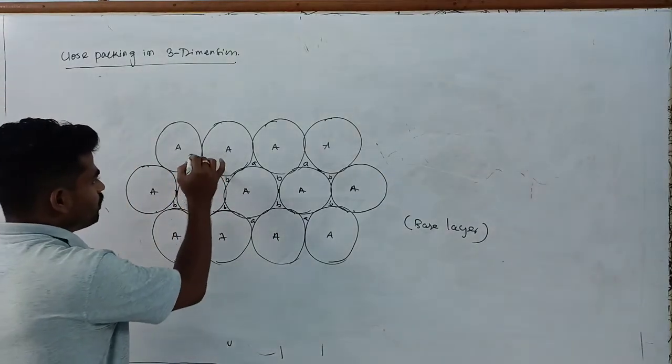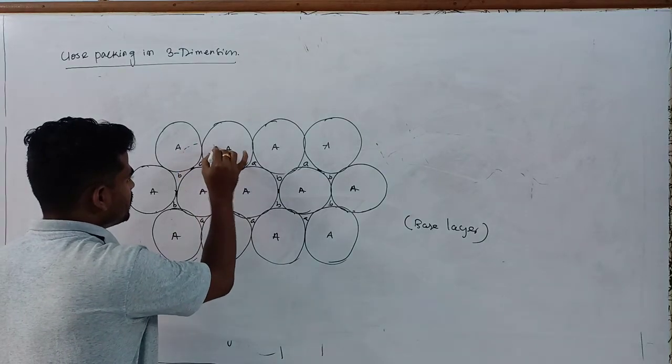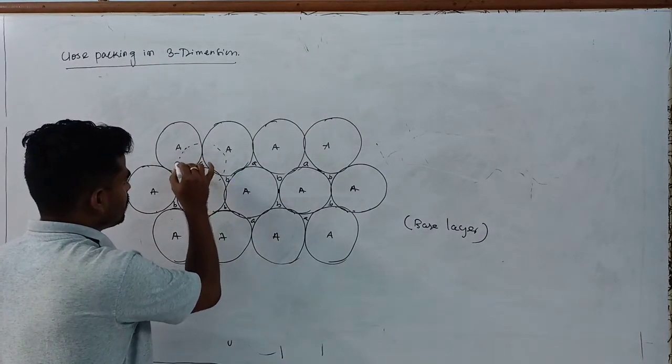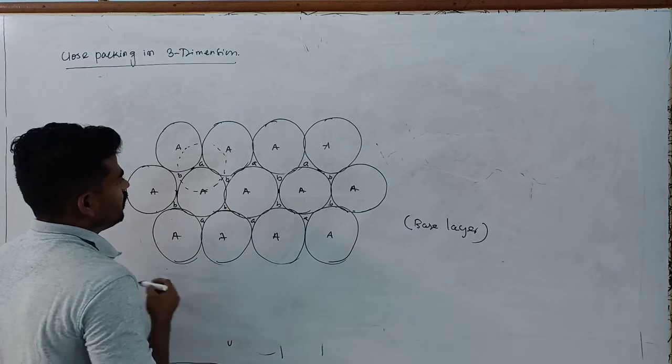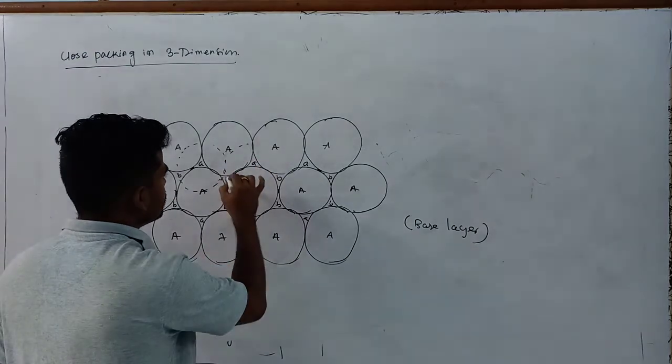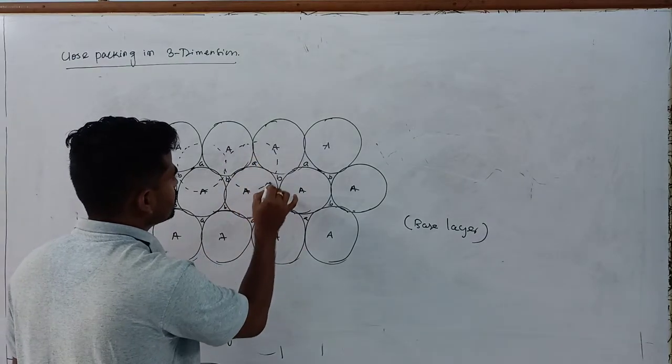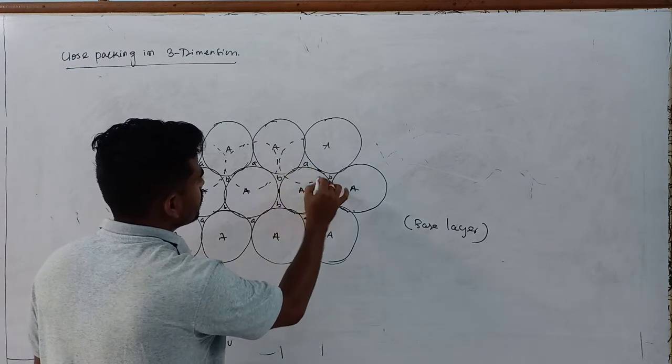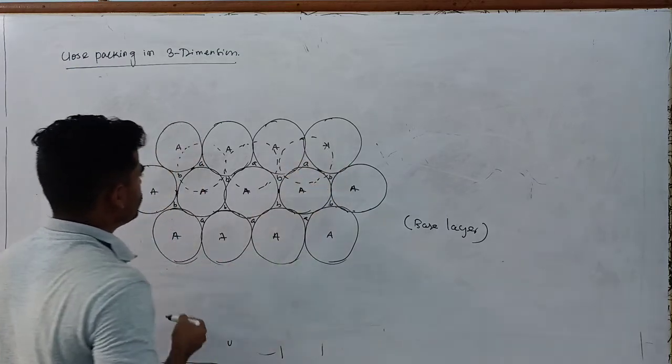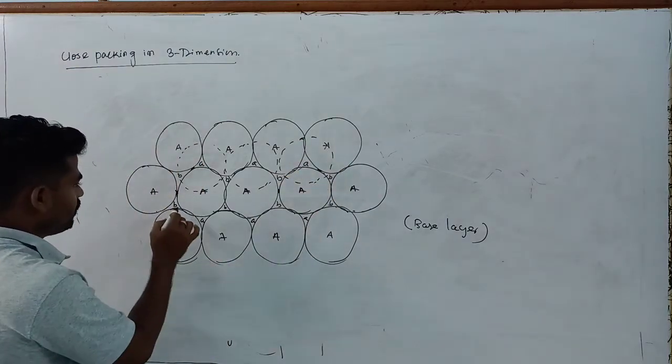If I place my second layer by considering this small a, you see these are the dotted layers, then I am covering, just placing over A by keeping B vacant.